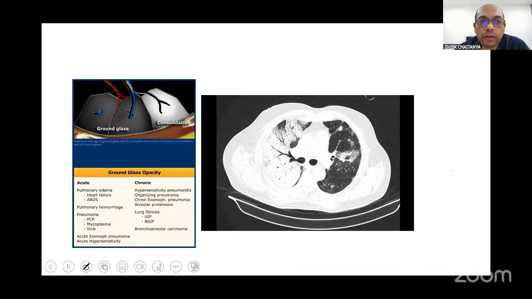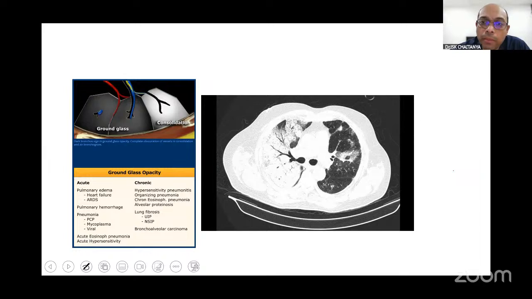As I said, the secondary lobule has the alveolar sacs, which are usually air-filled. At the center, we have an airway, the terminal bronchiole, and the blood-carrying vessels, the centrilobular artery. When this alveolar space, which is normally filled with air, starts getting filled up with secretions or blood or any other fluid, there will be opacification of the secondary lobule.